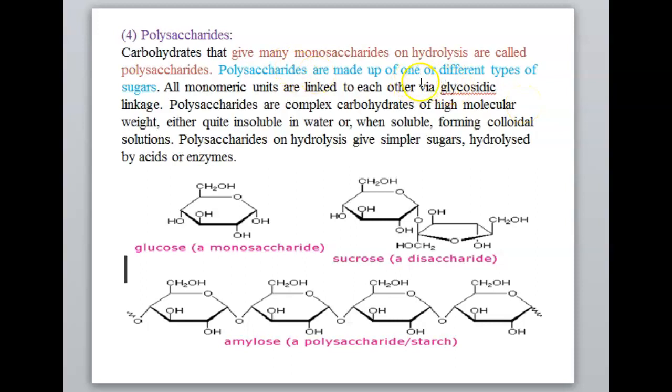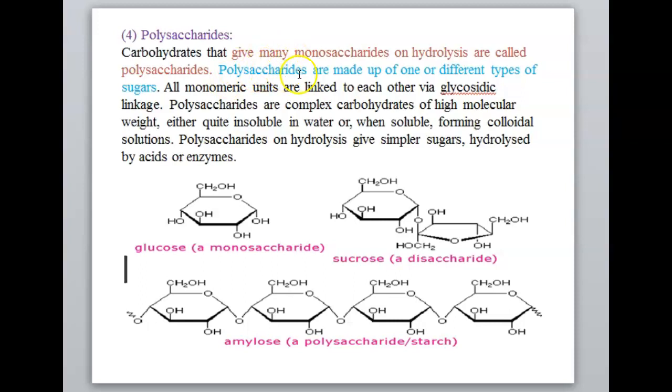Polysaccharides are made up of one or different types of sugars, because in the disaccharide we see the same monomeric units are joined together. In case one monomeric unit is one type and the second monomeric unit is another type, means 2 different types of monomeric units are joined together with the help of the glycosidic linkage, then the polysaccharides are formed.